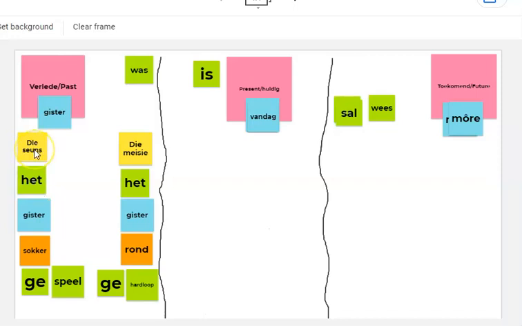So let's have a look. Die seuns het gister sokker gespeel. All right. The boys played soccer yesterday. So you can see it's all messed up, but remember, we still have a process to follow. If you understand the process, you'll know that both of these would be the subject, that's a verb, and the bottom ones both are also verbs.